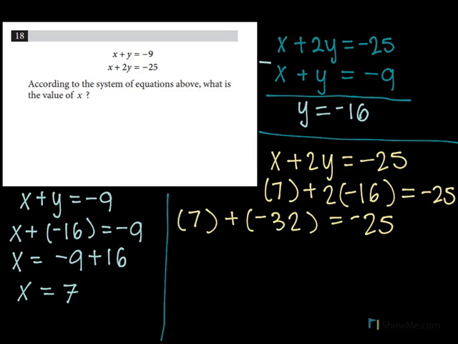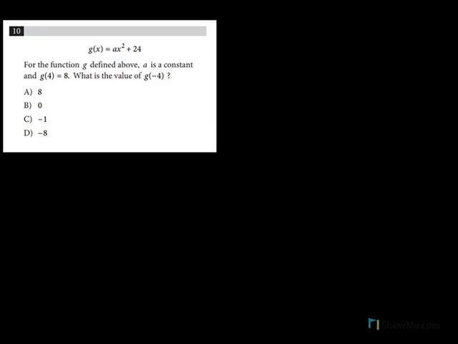And 7 plus negative 32 would just be negative 25 when simplified. So we get negative 25 equals negative 25. So our value of x is in fact correct, so x equals 7.